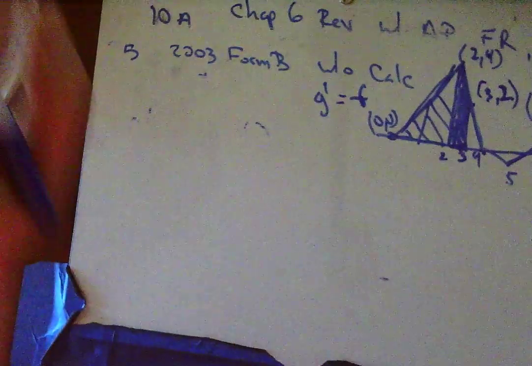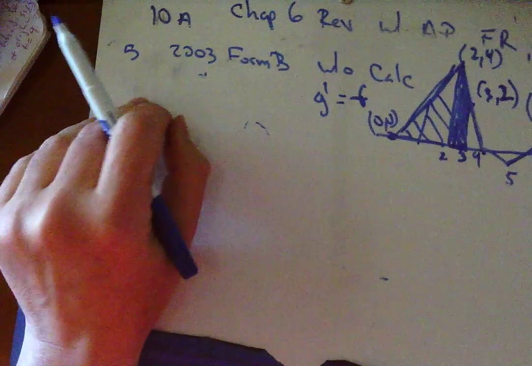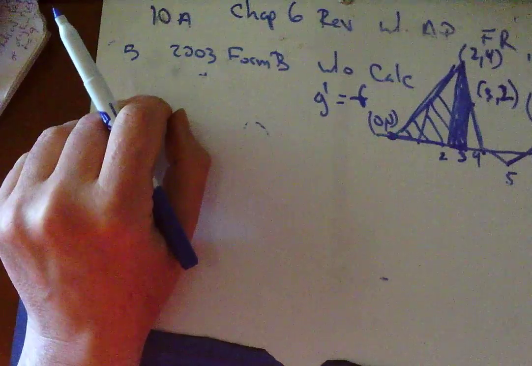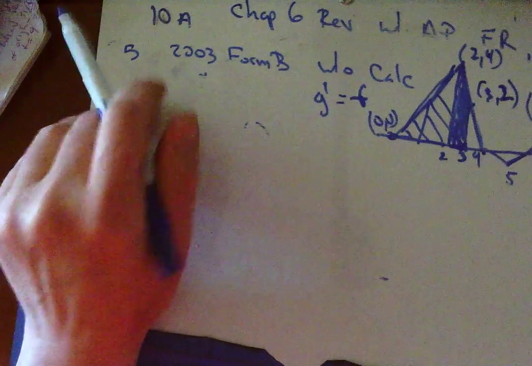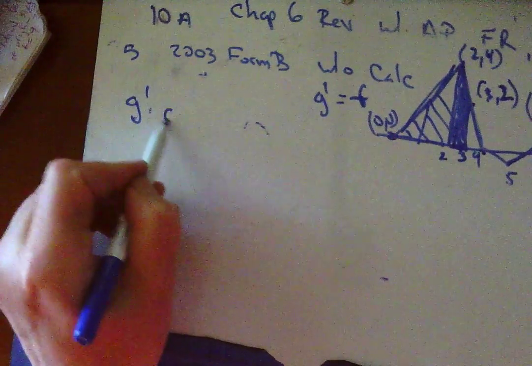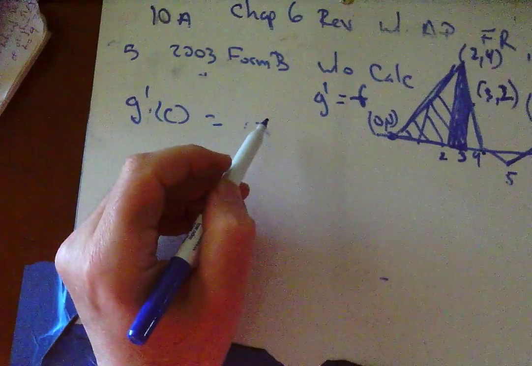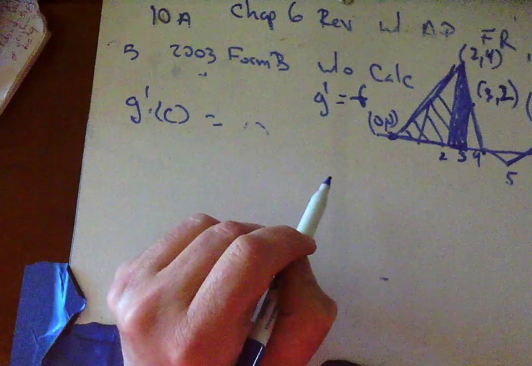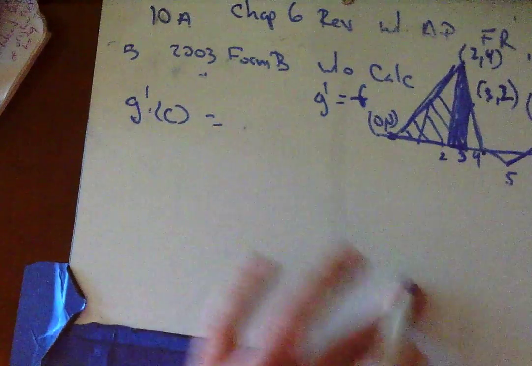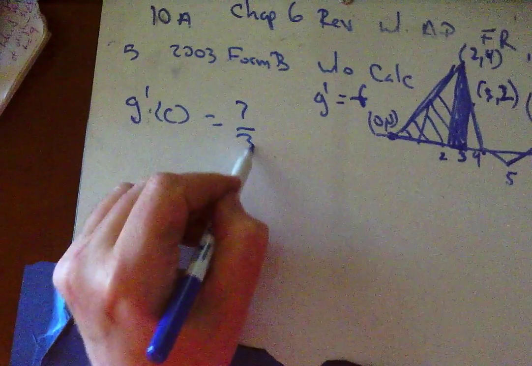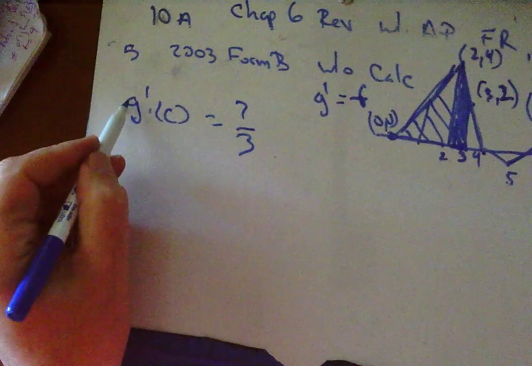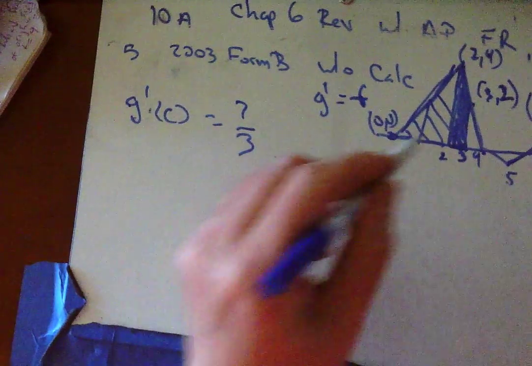So what's next? Part C. For how many values of C on 0 to 3 is G prime equal to the average rate of change found in that last part? Oh, that was 7/3, wasn't it? So remember, we're looking at a graph of G prime.